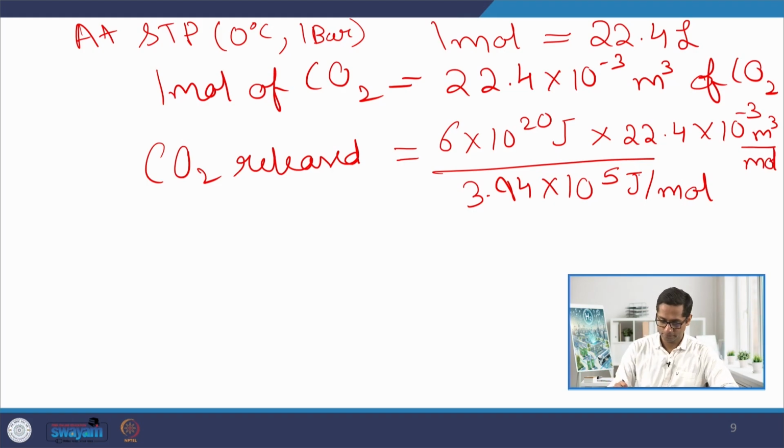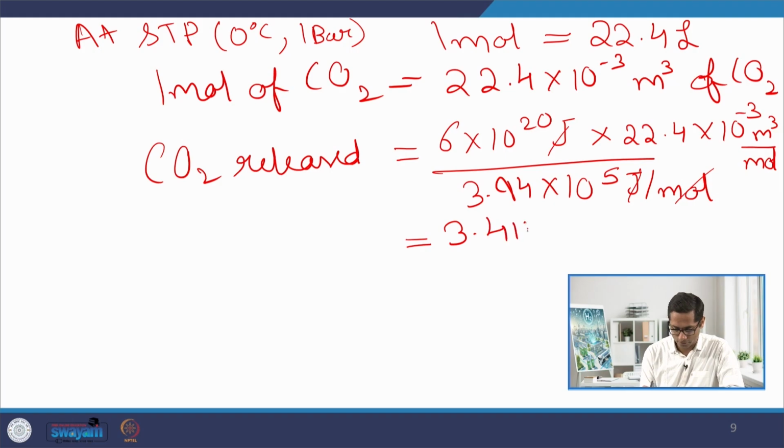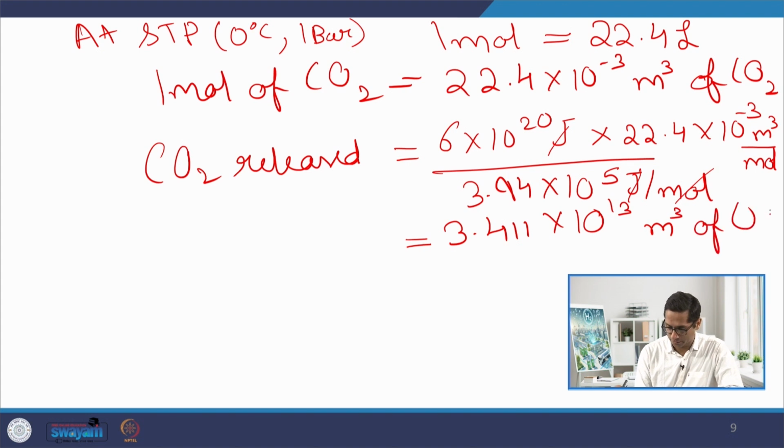So, joules cancel out, moles cancel out, and what I get is the production of CO2 in meter cube, and this would come out to be 3.411 into 10 to power 13 meter cubes of CO2 getting produced per year.